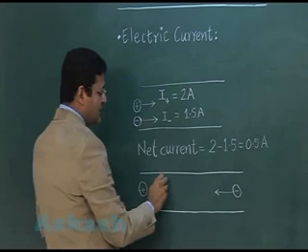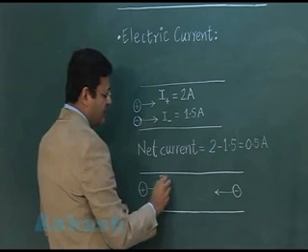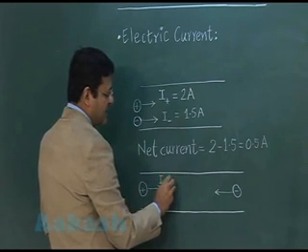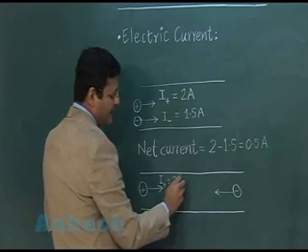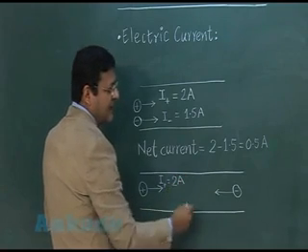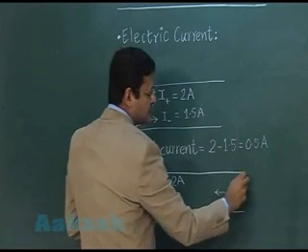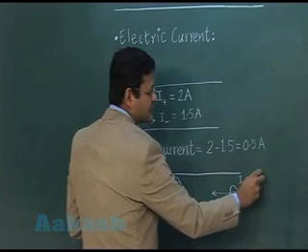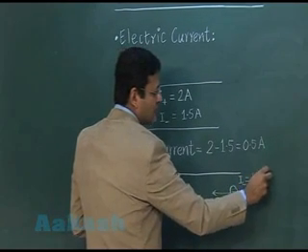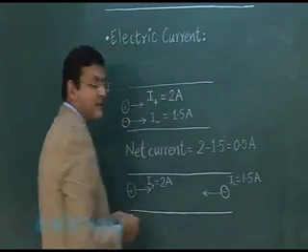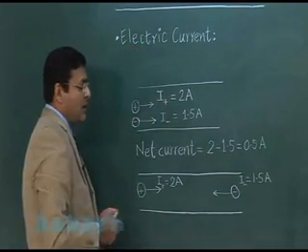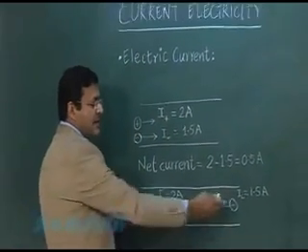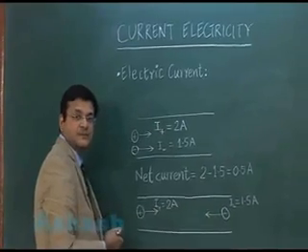As usual, let us suppose the positive current is 2 ampere and the negative current, as we had just now, is 1.5 ampere. Now I ask what is the net current in this situation.